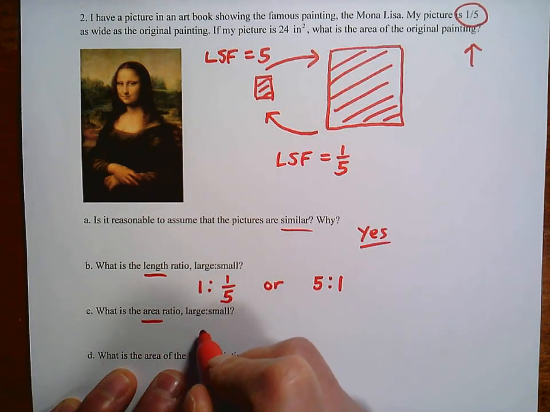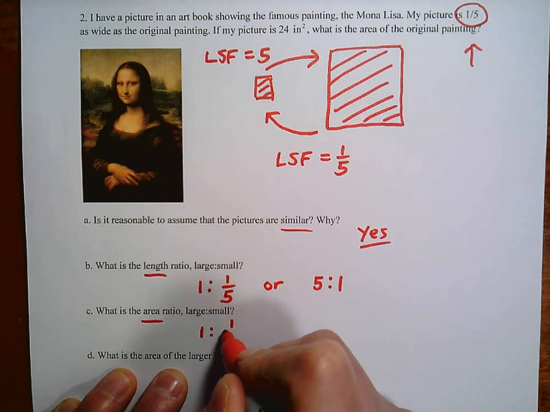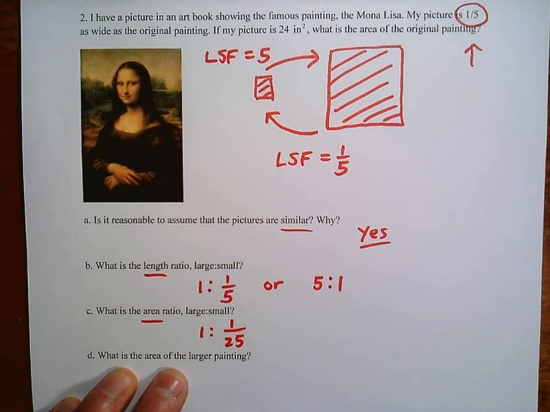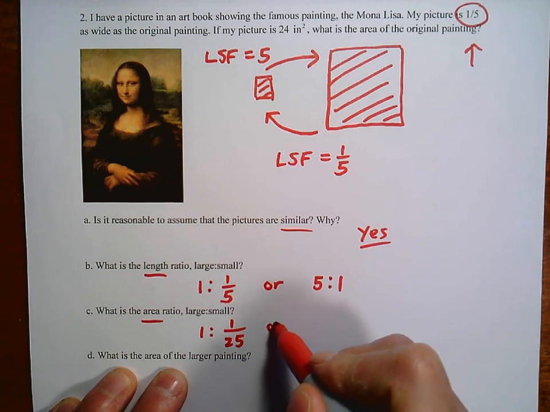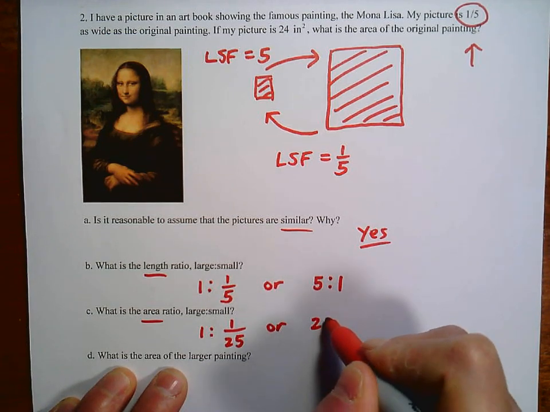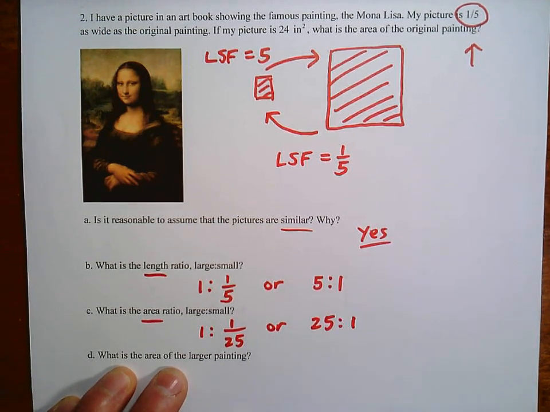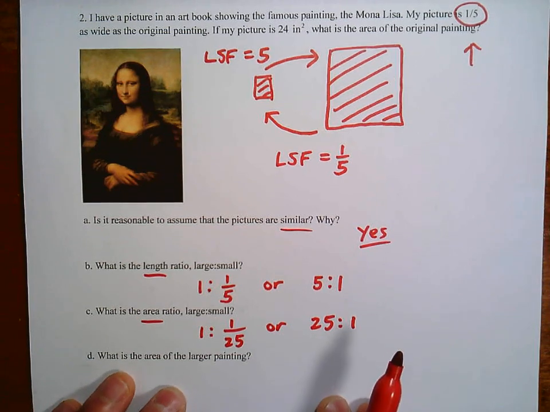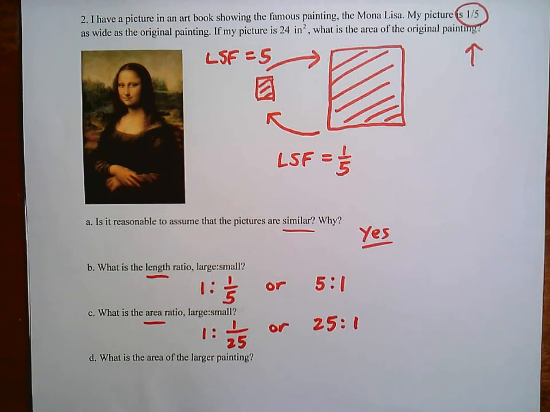If we express it this way, you would get 1 to 25, or the other way of doing it, 25 to 1. So this is really saying that the smaller one is 1/25 the size if you think about area. The 25 to 1 ratio is a simpler way of understanding it.